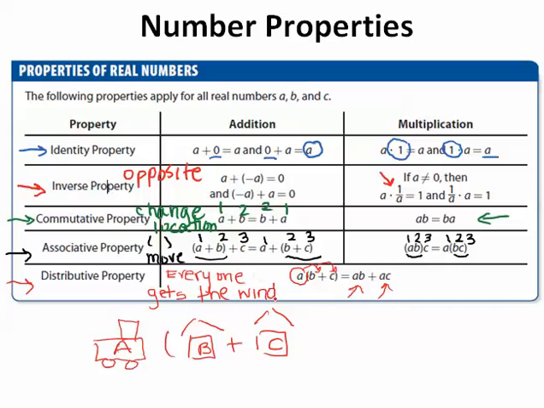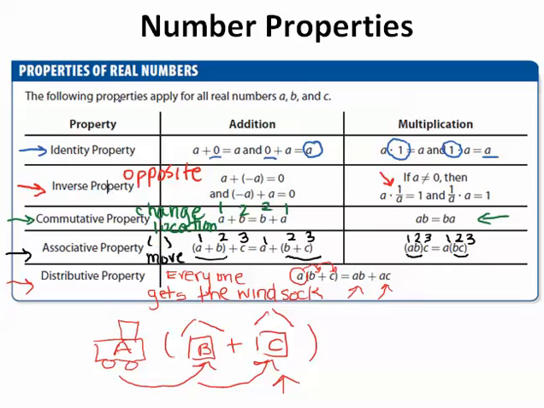And what was the newspaper called? The newspaper was called the Windsock. So the little distributor man goes here and here. Everybody gets a newspaper on the route. So you can't forget the second one. This is the one most people forget. So the distributive property is everyone gets the windsock.